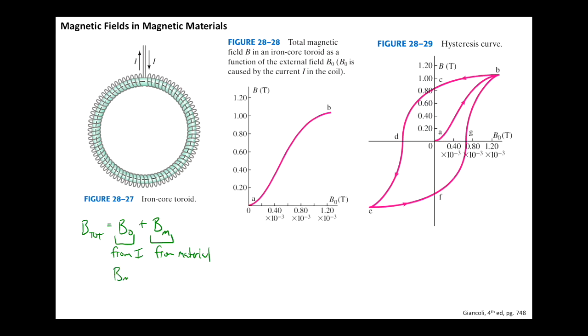Typically B sub m is going to be much, much greater than B naught. You're getting a much larger effect from the material itself. In addition to this, we could say that the magnetic permeability of the material is going to be much, much greater than mu naught, which is causing this to happen.